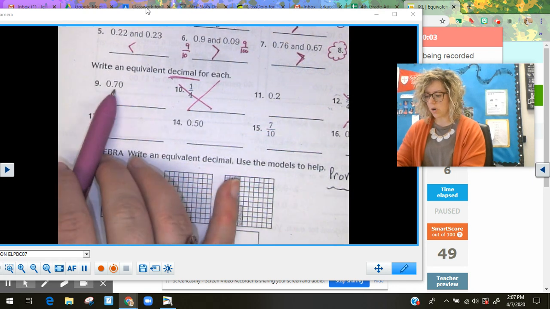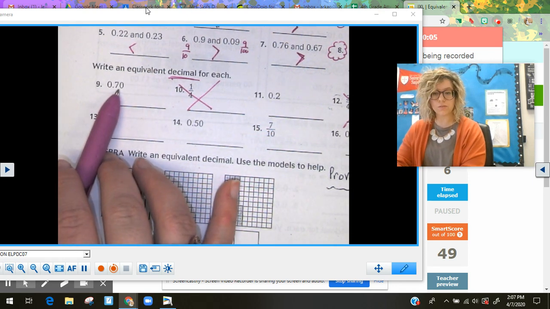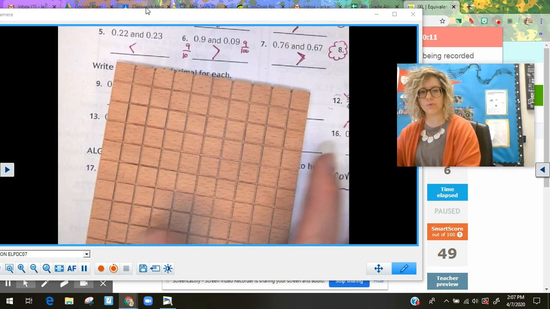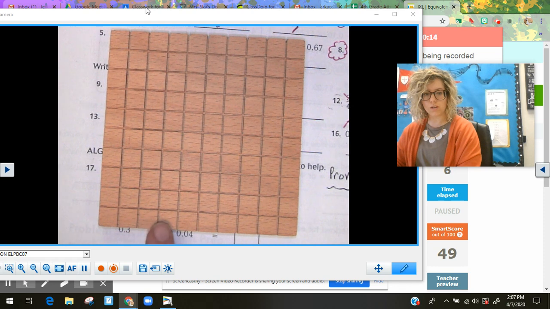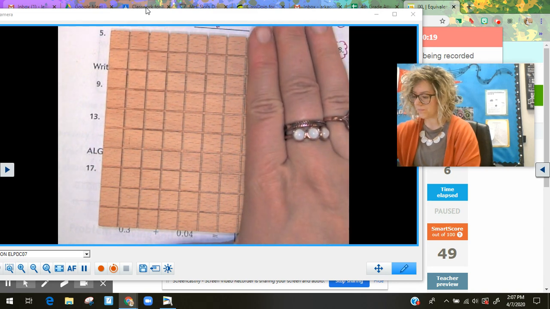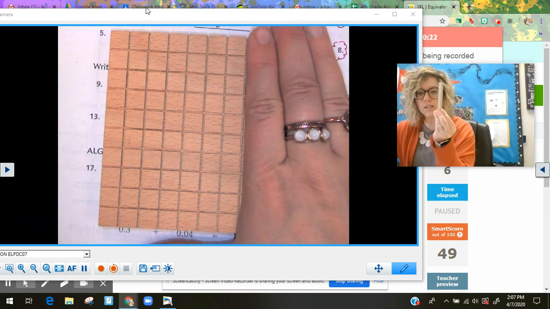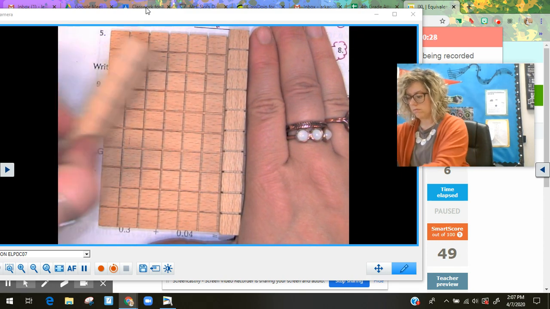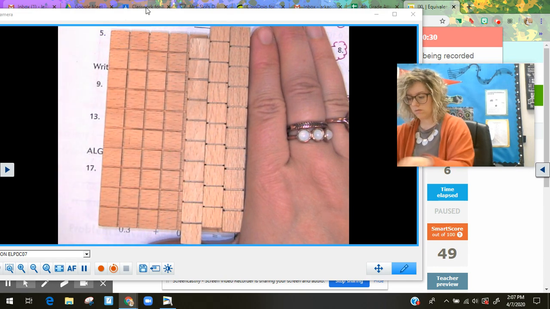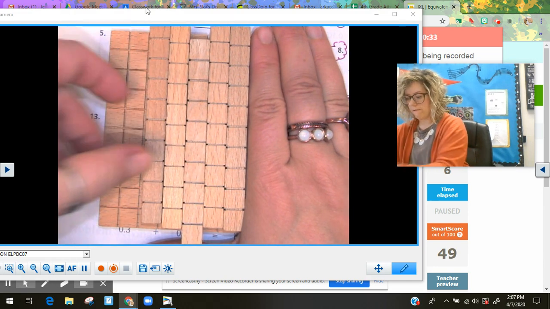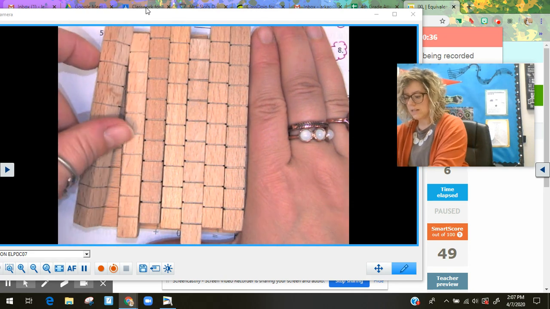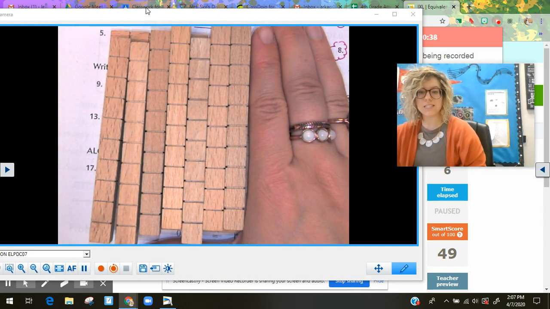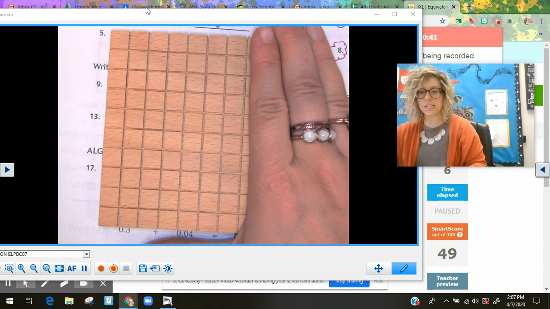So they want us to show 70 hundredths as just another way to write it as a decimal. So if I have 70 hundredths, 10, 20, 30, 40, 50, 60, 70 hundredths, how many of these 1/10 sticks can fit on this? 1, 2, 3, 4, 5, 6, 7 1/10 sticks can also fit on 70 1/100ths.